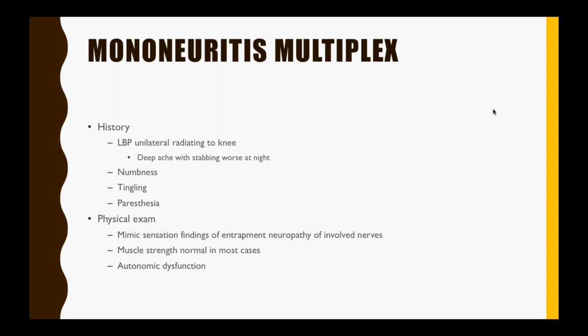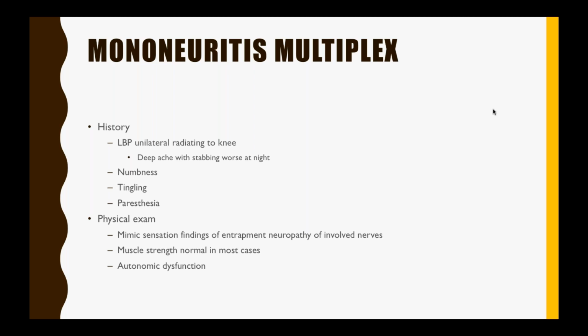If you remember, she had decreased reflexes and decreased strength of the APB. But most all the other muscles were normal. The strength was only decreased in the APB.